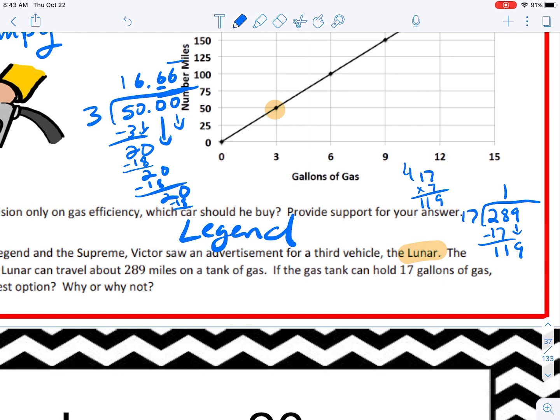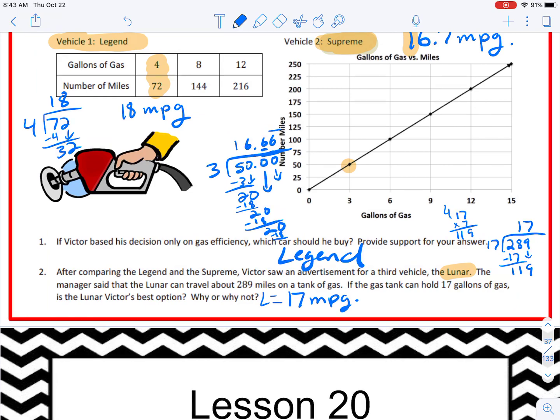So there's our answer. 17 goes into 119 7 times. So the Lunar gets 17 miles per gallon. Is the Lunar the best option out of the three? No, the Legend is.